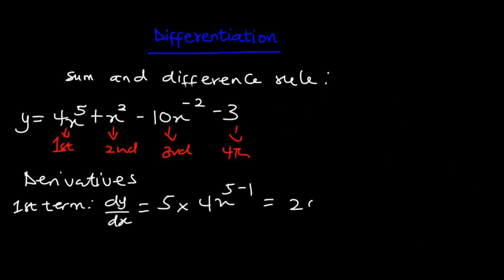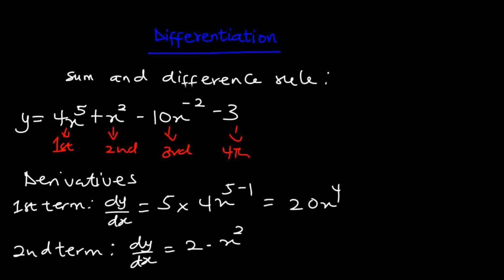And this will be 20x to the power 4. And then for the second term, you have the derivative to be equal to 2 times x to the power 2 minus 1. And this will give 2x to the power 1, which is the same as 2x.